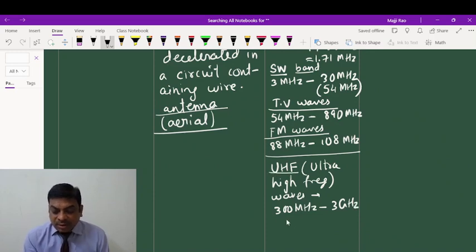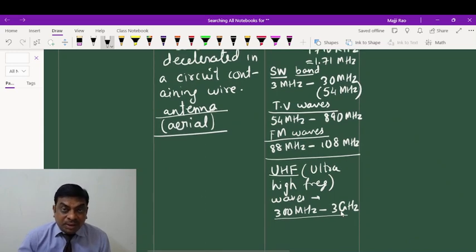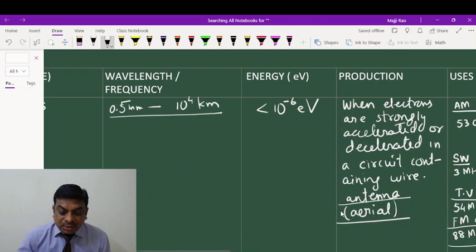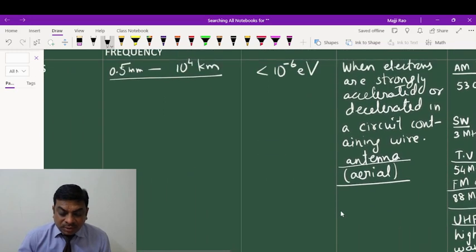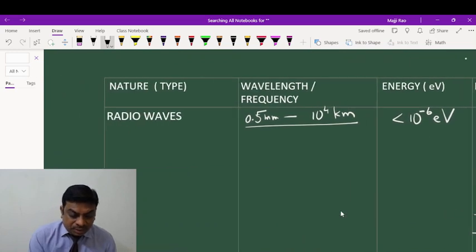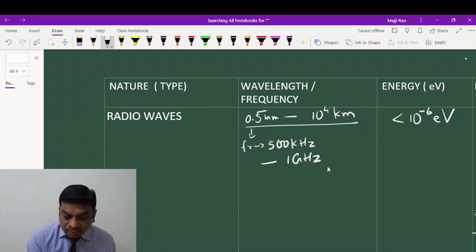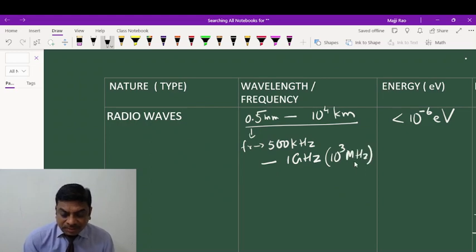This part overlaps with the microwave, students. Even though it is a part of radio waves, it overlaps with microwaves. And regarding the frequency, roughly I can write the frequency range as around 500 kilohertz to 1 gigahertz. 1 gigahertz or 1000 megahertz, both are one and the same.